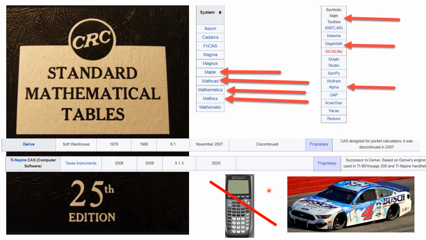The first calculator I ever bought when I was a sophomore in college was a TI, although it was not as sophisticated as this. I put a slash through this because I'm not going to let you use this on your high stakes assessment, because this has symbolic integration in it. And so you just punch a button and you think you have an answer.